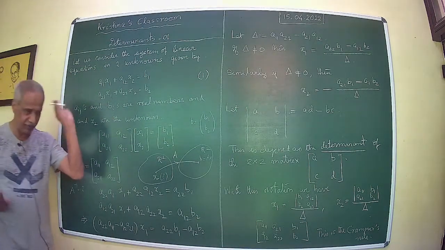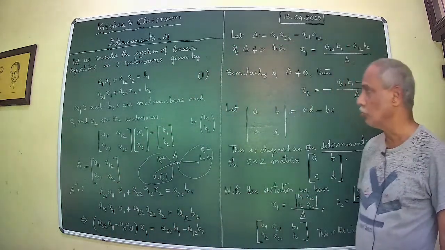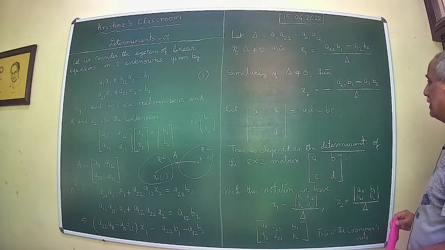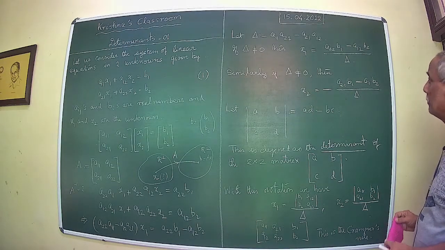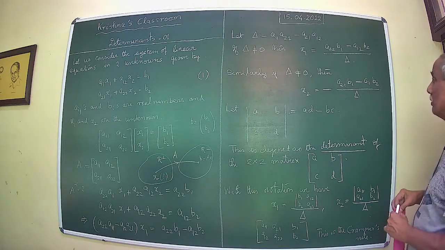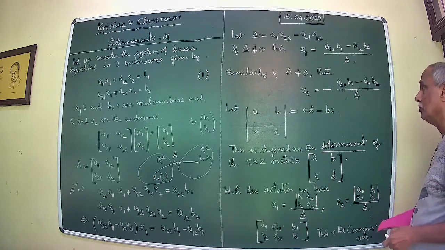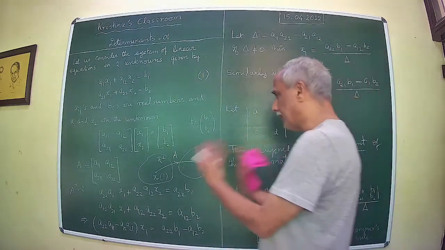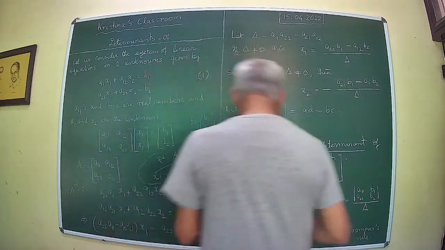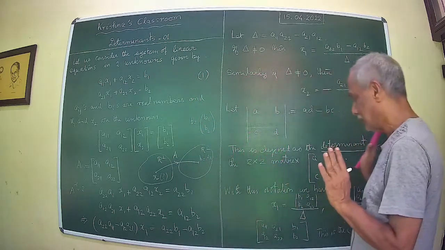So we will confine ourselves to 2 by 2 matrices. Okay, so that essentially introduces what we want to call the determinant of a 2 by 2 matrix, which comes very naturally in this context.